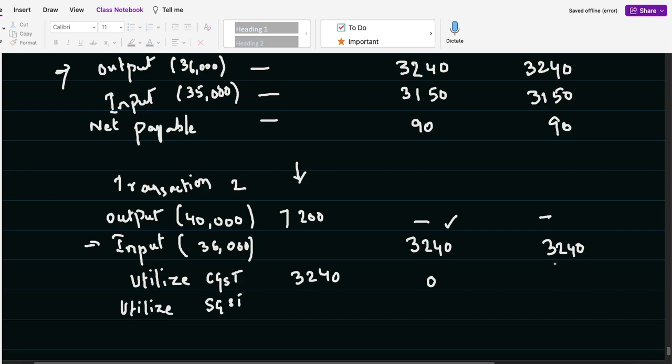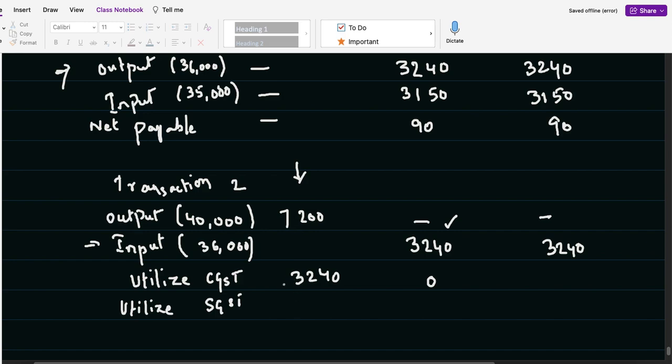What about this? How much is remaining for him? He has got 3240. He has to pay 3240. But how much is remaining for him? After 7200, 3240 is gone.